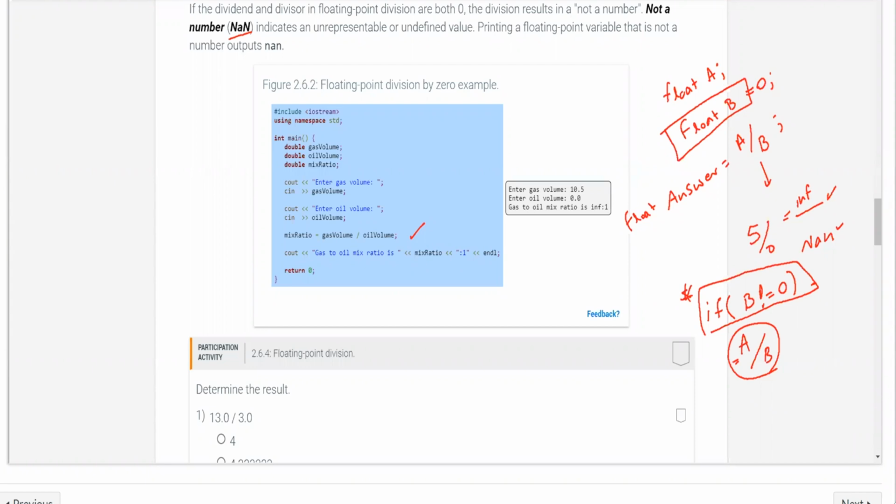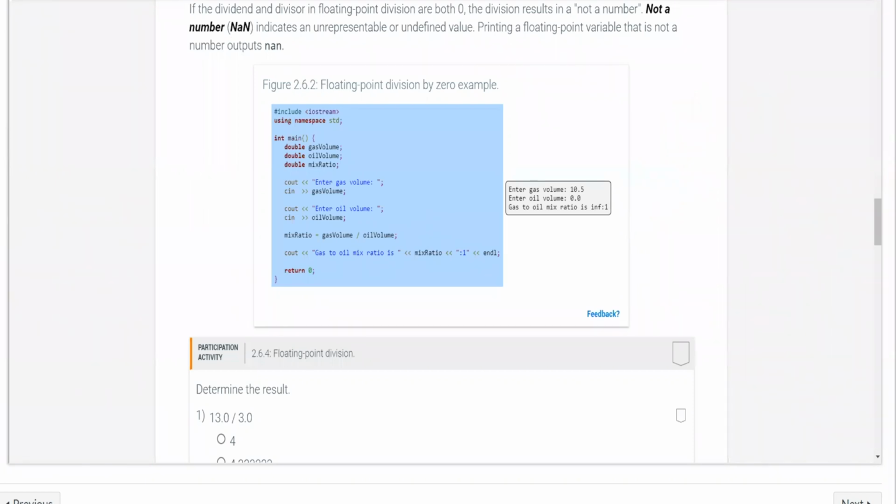There's no rule out there to prevent this. When you're writing code, if you don't have this line right here, your program will run. But whenever you hit this situation, you get a wrong answer. So the quality of your program depends on that. You have to be really careful when you're writing a program, because the compiler is not going to check that and tell you that you're dividing a number by zero.